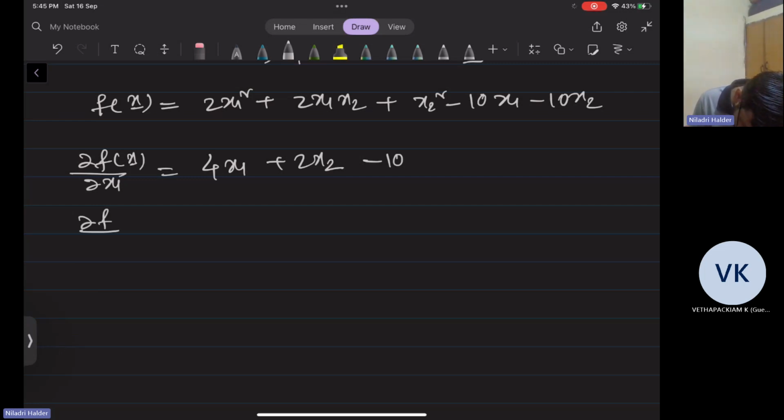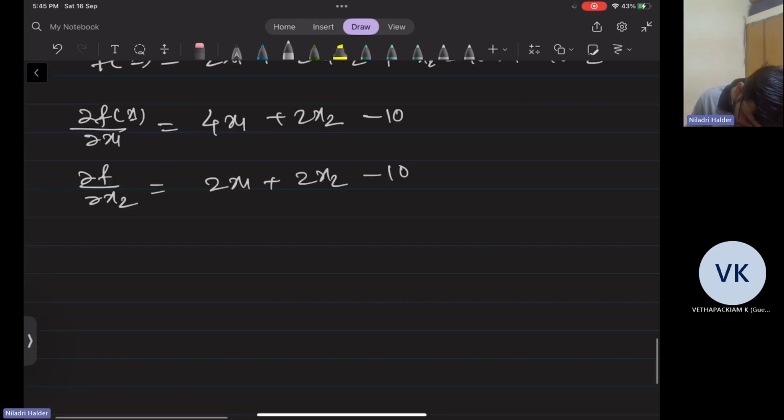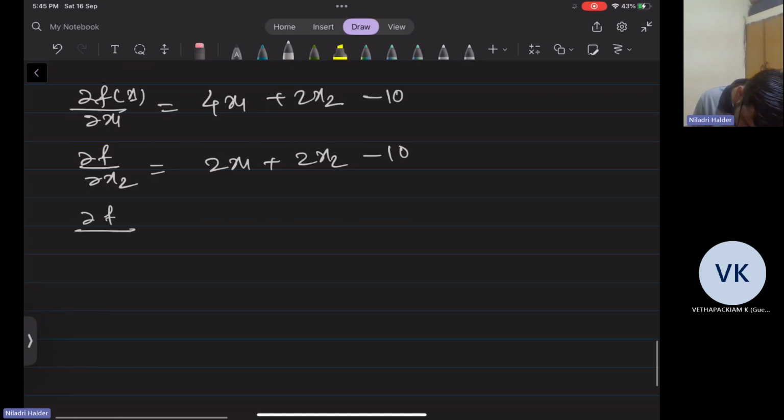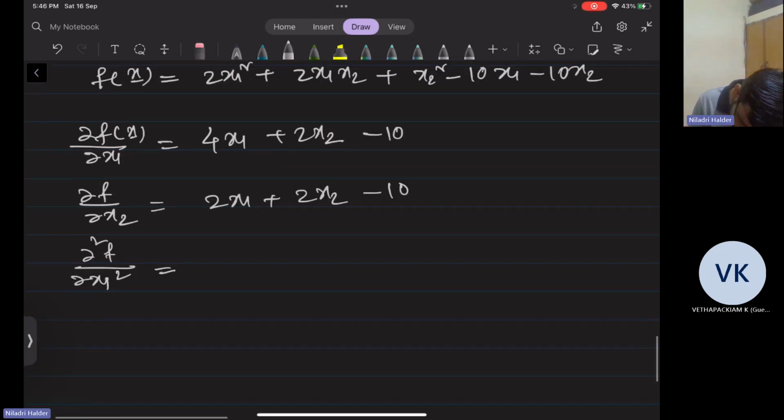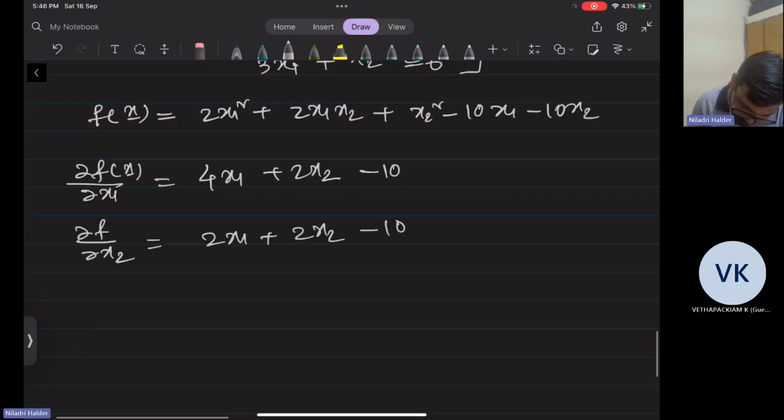Then del f del x2 will be 2x1 plus 2x2 minus 10. The double derivative is not necessary for this case; that will be for the second order condition. So this is the first order.